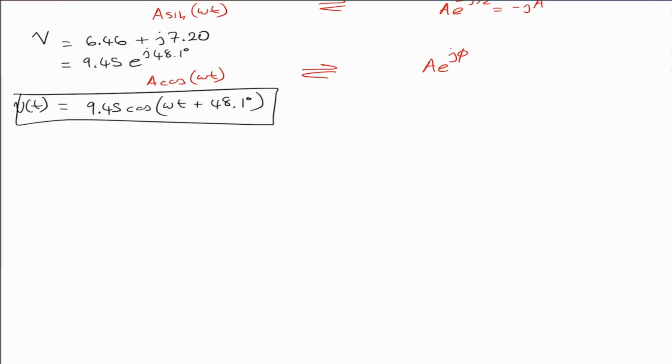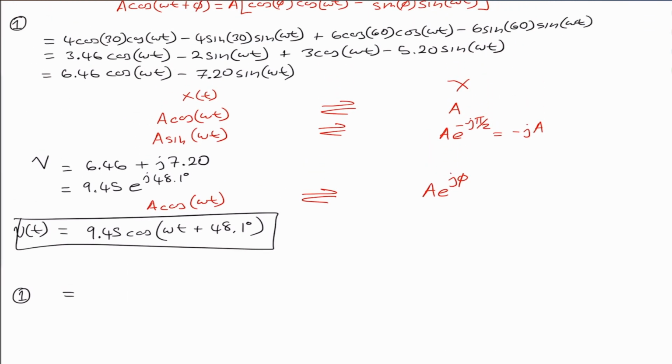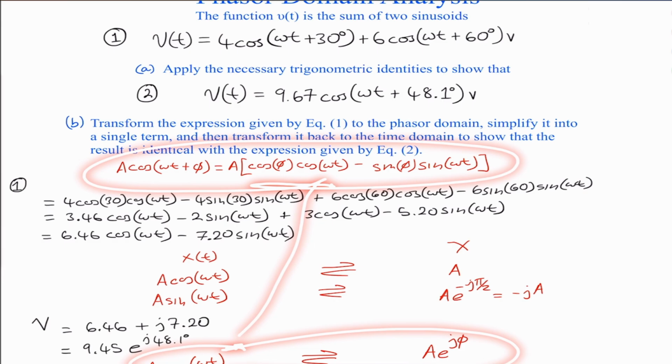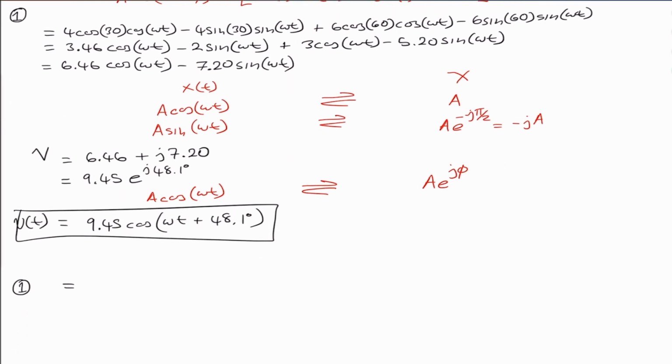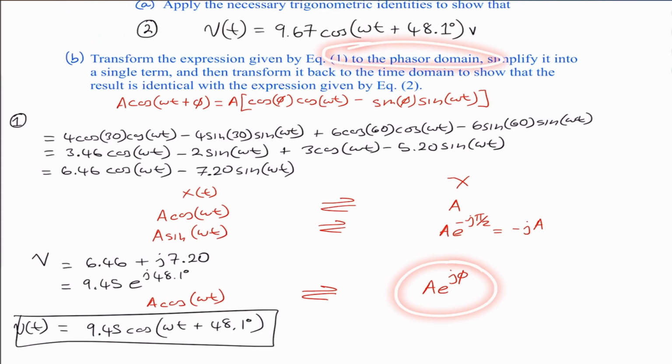So we're starting with equation 1 again. Notice that we just use the following property, so in this case we don't have to apply this identity again. We can just start by converting our cosine to the phasor domain, because that's the first thing we need to do.